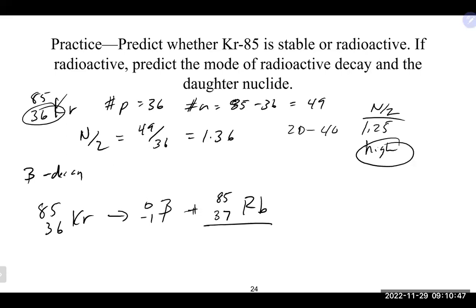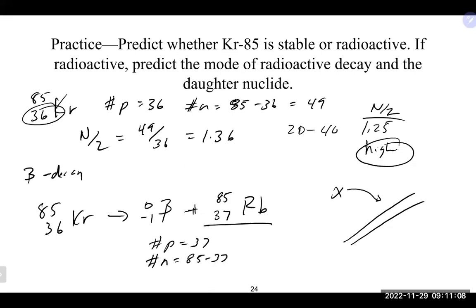Any questions on that there? Once again, we could see that we were in this case too high, and we should have moved back towards the belt of stability. So if we take a look at our Rb, the number of protons here would be 37. In this case, the number of neutrons would be 85 minus 37.